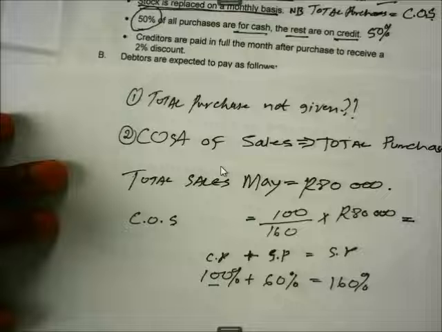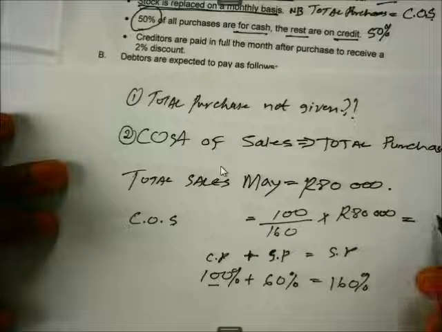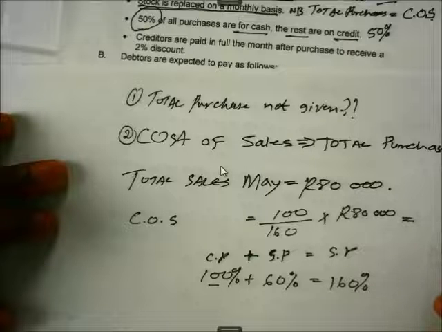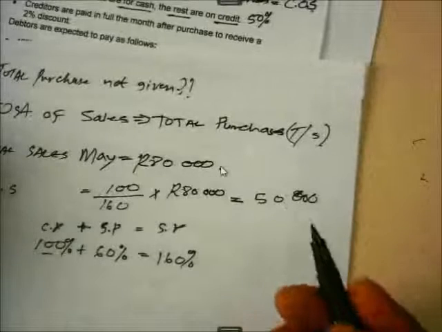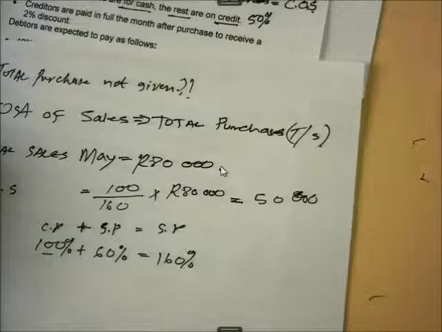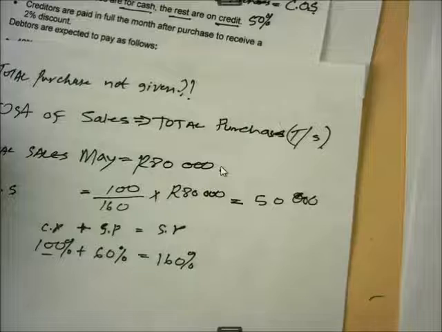You say 100 divided by 160 multiplied by 80,000. It will give you 50,000.